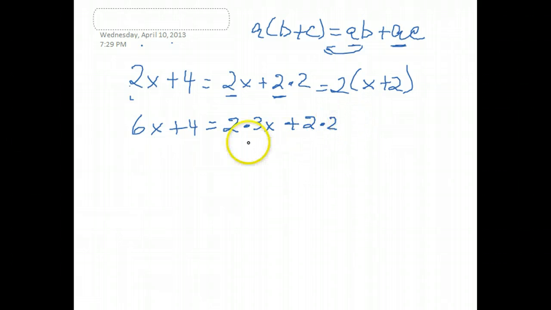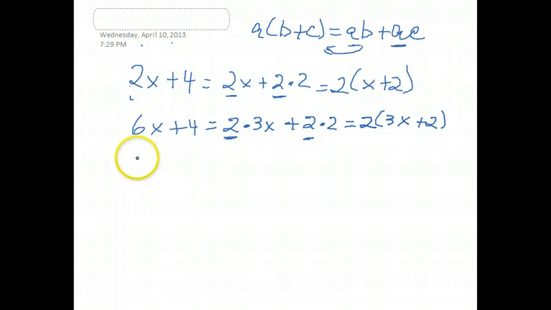And therefore, 2 is my a in this case, just like it was in the previous problem. So the answer is 2 times (3x plus 2). After doing these for a while, then you don't have to do this intermediate step. It becomes fairly obvious. Let's do another one.